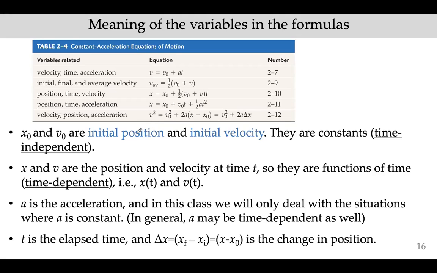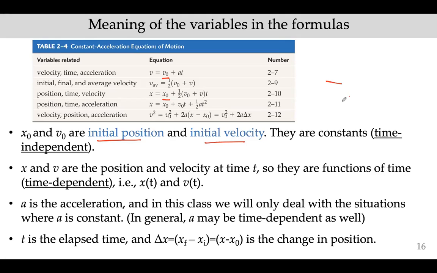variables in these equations? Like there is x0, v0. Well, x0 and v0 are initial position and initial velocity. They are constants. They are time independent, so they don't change with time.